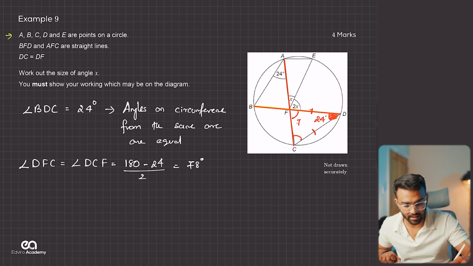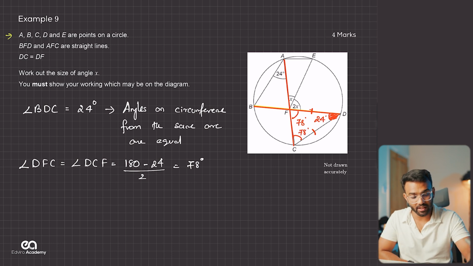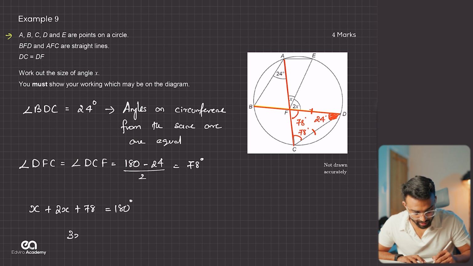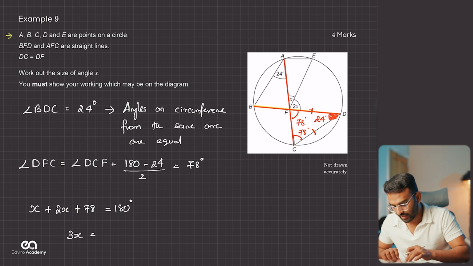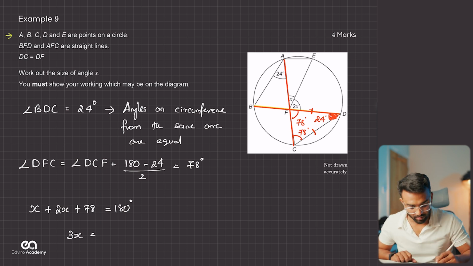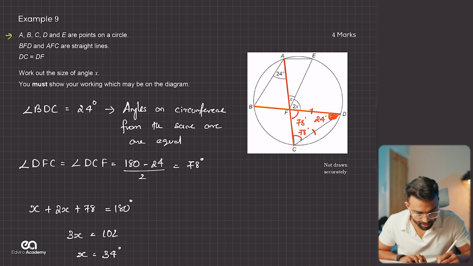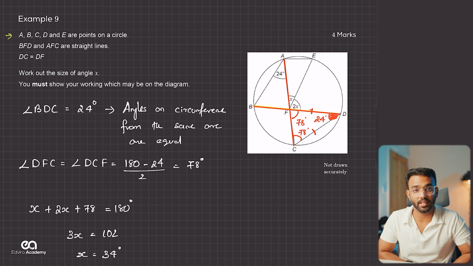All right, guys, so this is 78 degrees, and this is also 78 degrees, which means, simply put, x plus 2x plus 78 equals 180 degrees, and 3x equals 180 minus 78, which is 102, and the value of x is 102 divided by 3, and that is 34 degrees, and 4 marks is with you guys. Simple question. Thanks for watching.